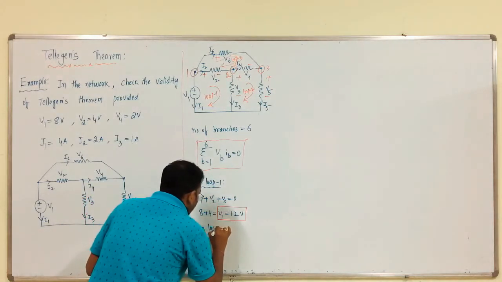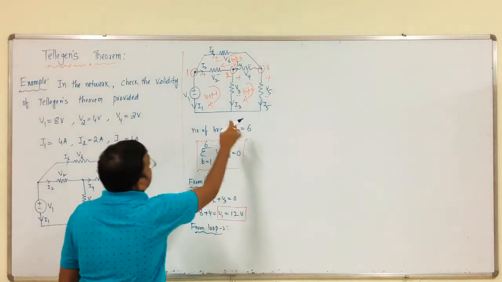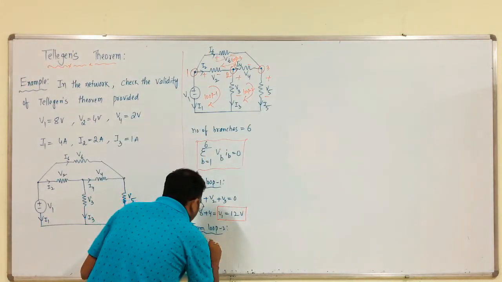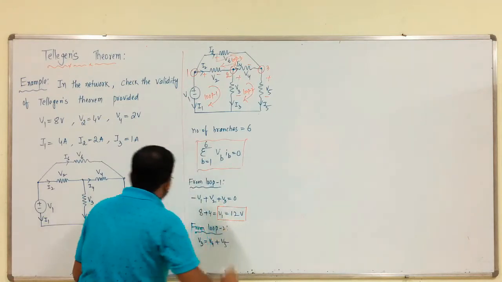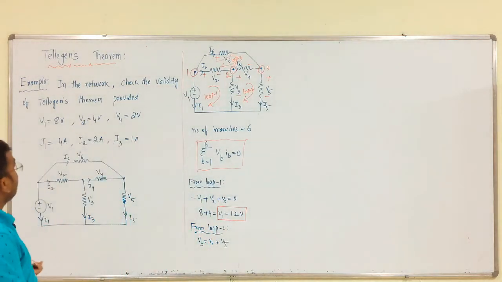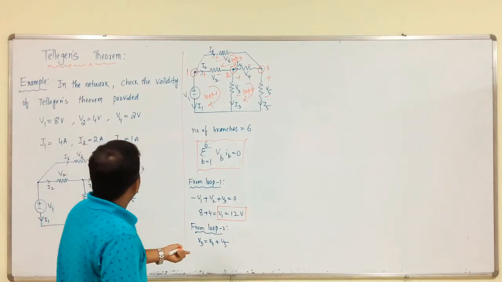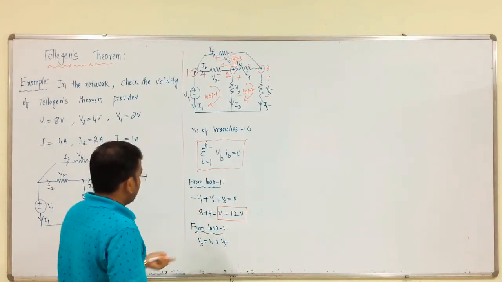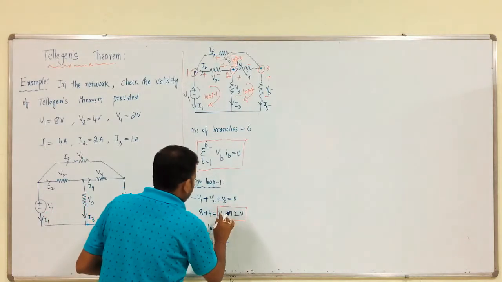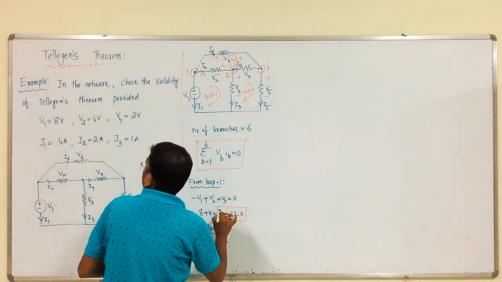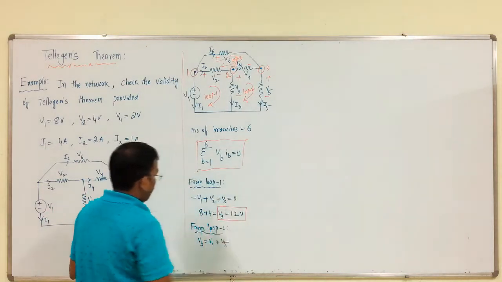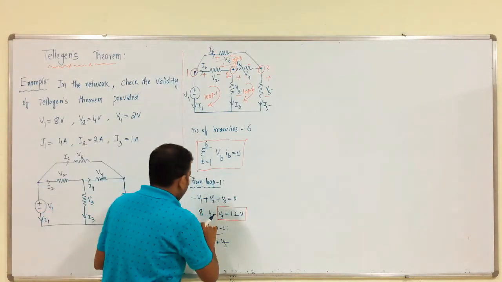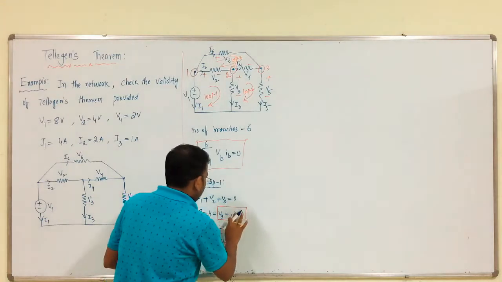From loop 2: minus V3 plus V4 plus V5. So V3 is equal to V4 plus V5, provided V4 and V5 are not given. V3, sorry, V1 minus V2, this is equal to 4.